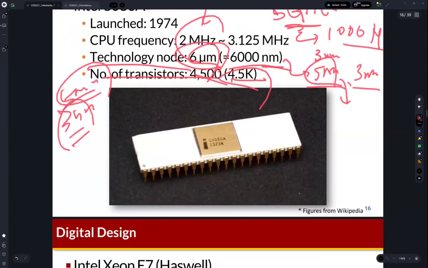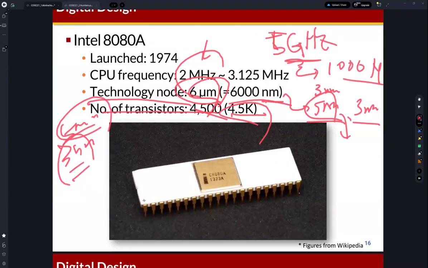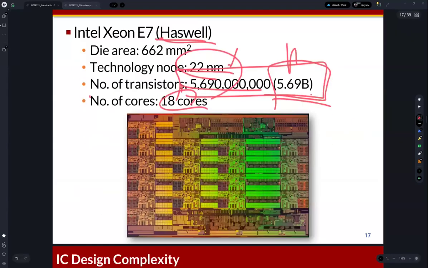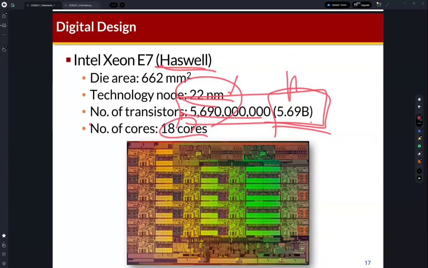You can compare this value, the number of transistors. Compared to the early processor, which only includes thousands of transistors, current digital chips include around billions of transistors.